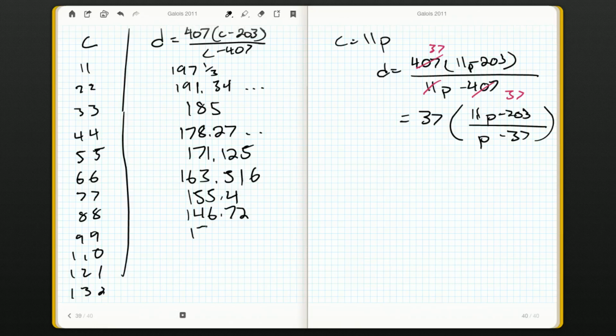Got 137.42. That's not going to work. 127.44. That's also not going to work.